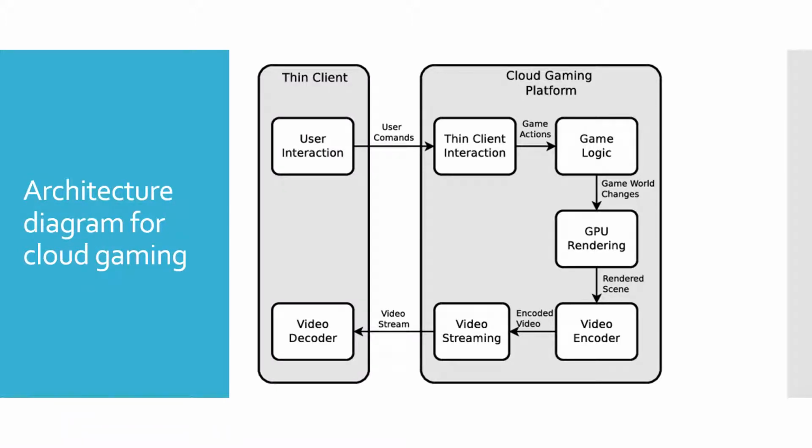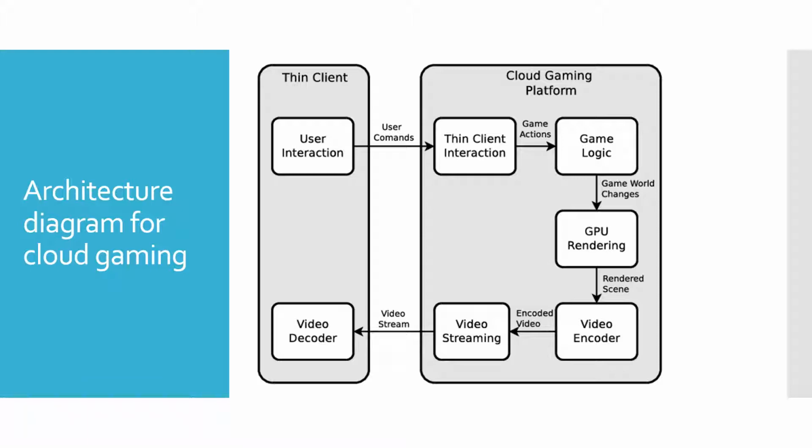Here is the architecture of cloud gaming. The cloud gaming is accessed by the user through a thin client. This thin client will get the user input and send it to the cloud platform where the gaming logic takes place, and based on the gaming logic the GPU rendering is given to the gaming instance based on the story gameplay.